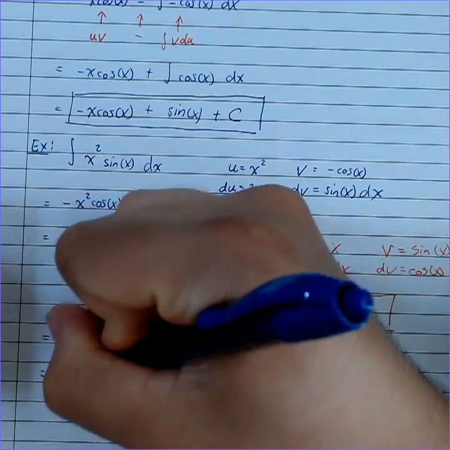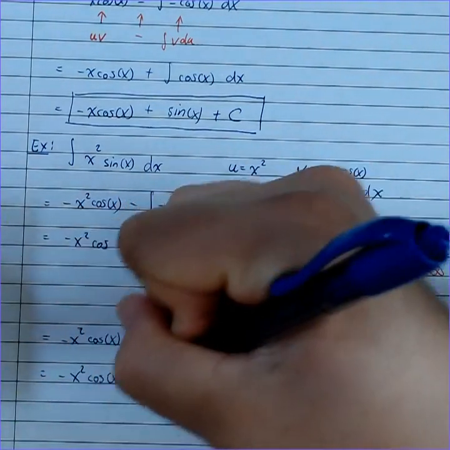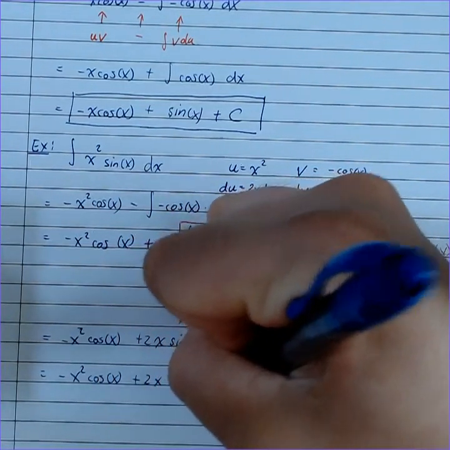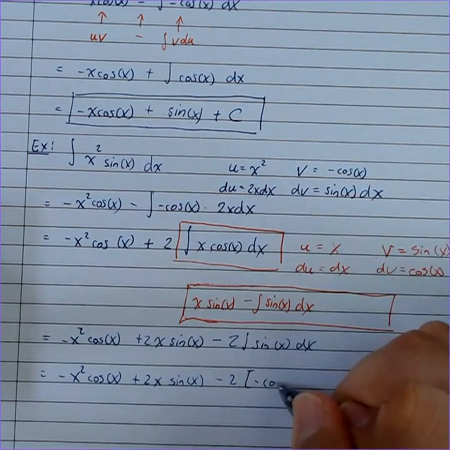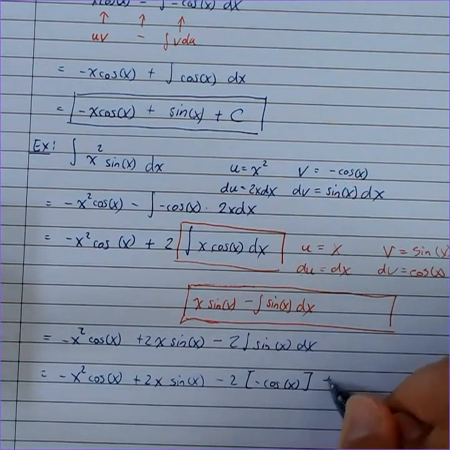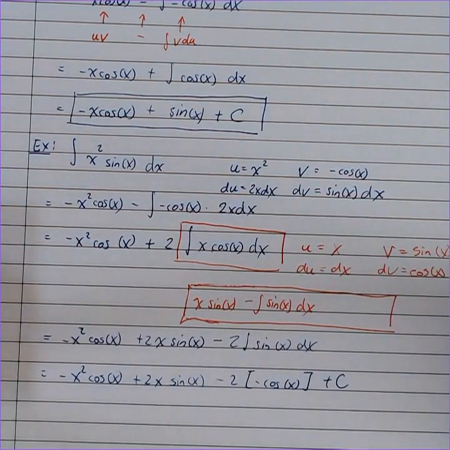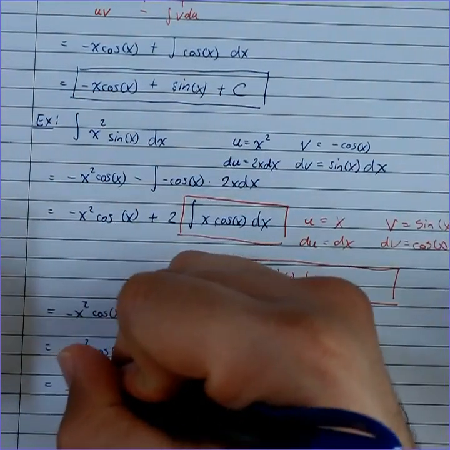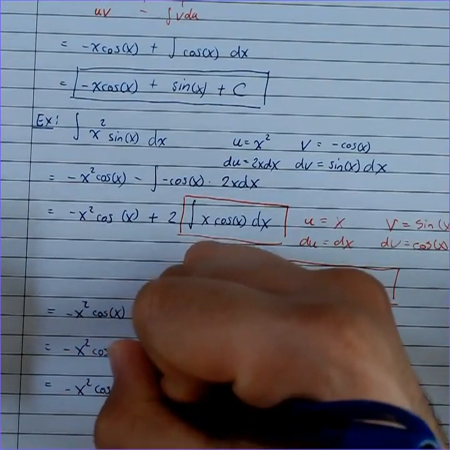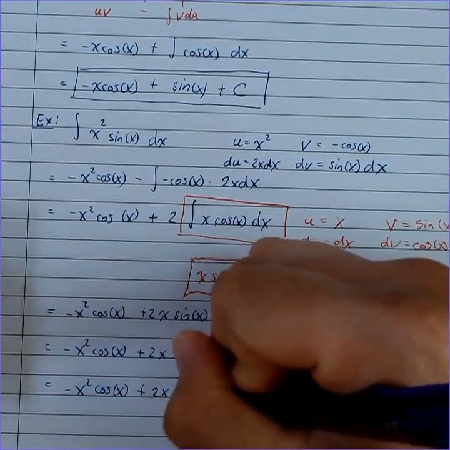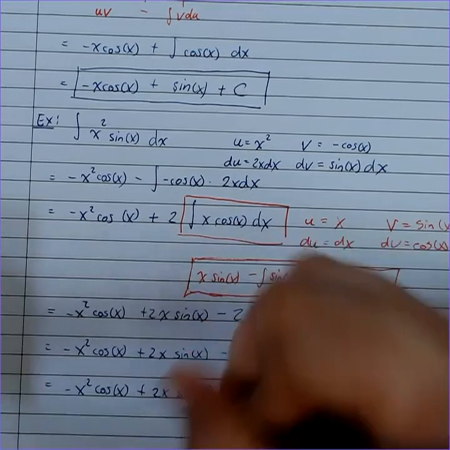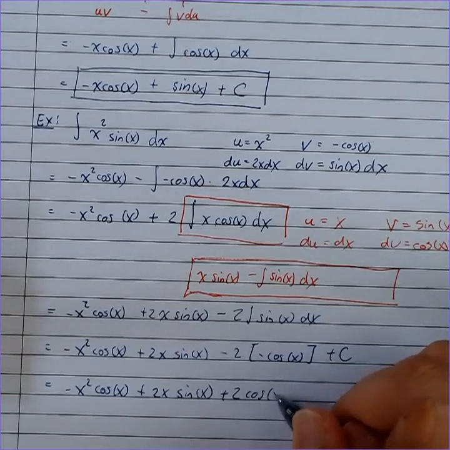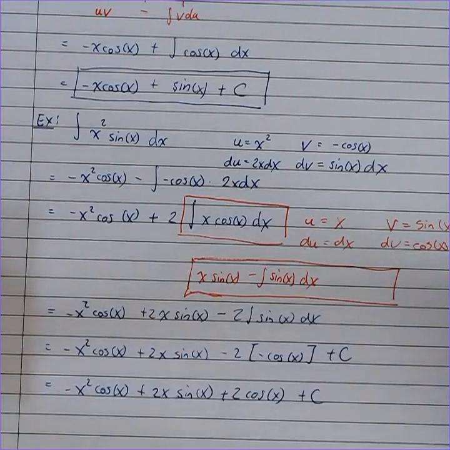So here we have negative x squared cosine of x plus 2x sine of x minus 2 times negative the cosine of x plus a constant of integration. Here, these two multiply together, and we end up with negative x squared cosine of x plus 2x sine of x plus 2 cosine of x plus our constant of integration.